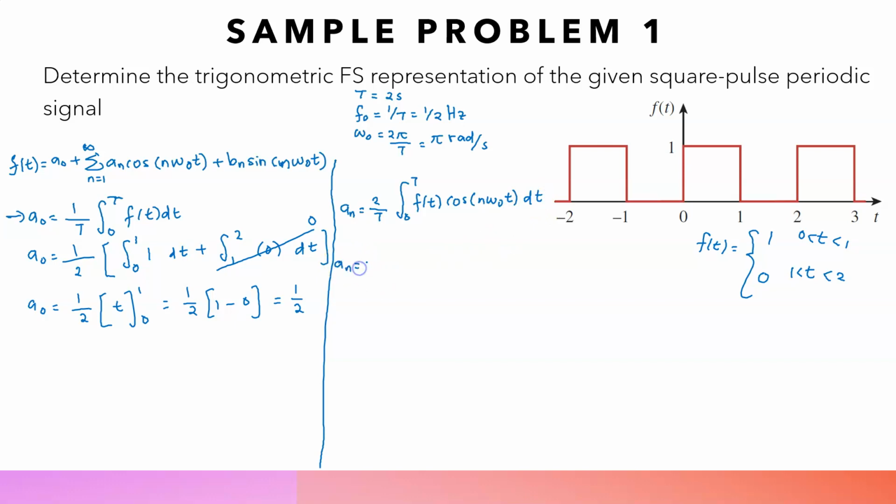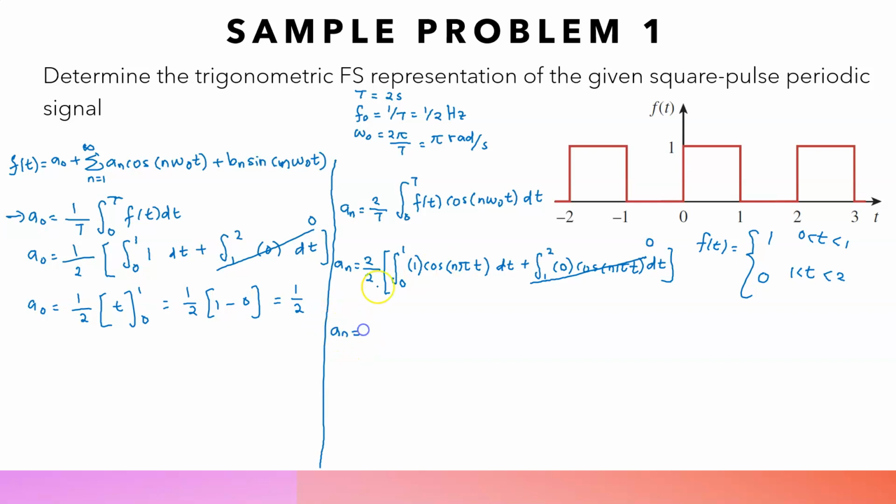So an equals, with T equal to 2, again you integrate from 0 to 1, where f of t is 1, cos of n omega0 t, and omega0 is pi, so we substitute n pi t, dt, plus from 1 to 2, where f of t is 0, so the whole thing is 0.